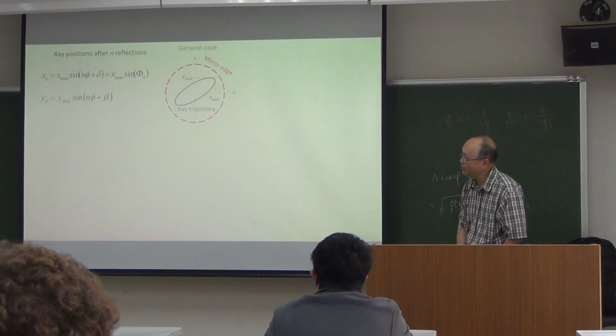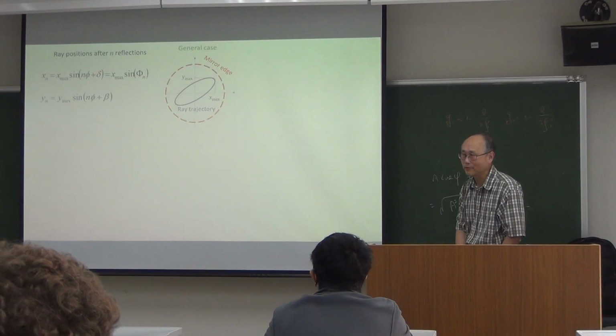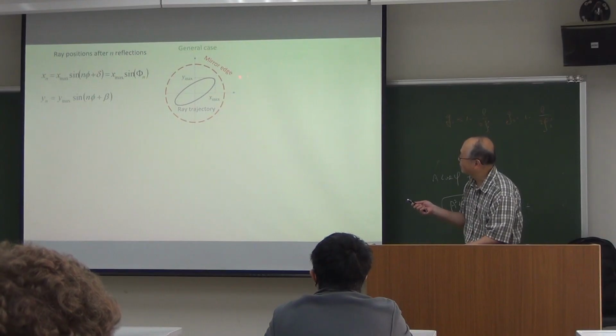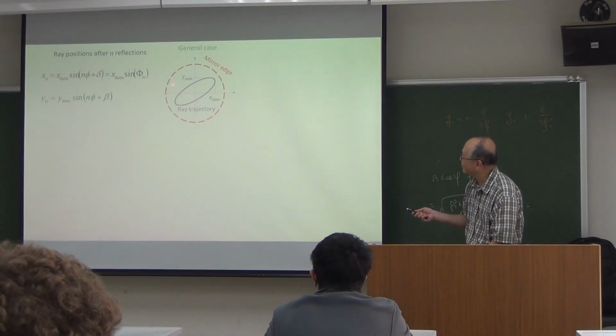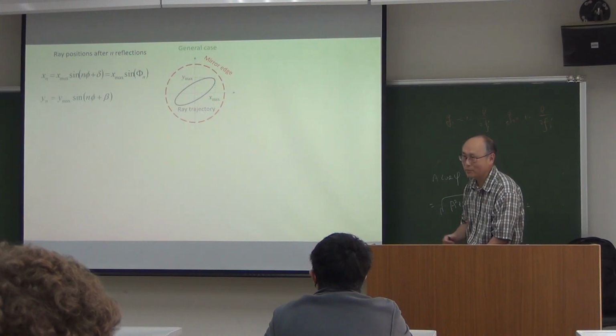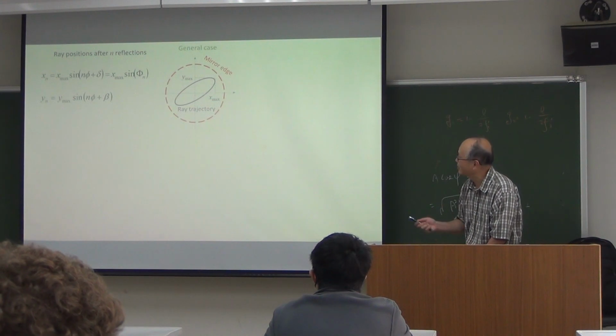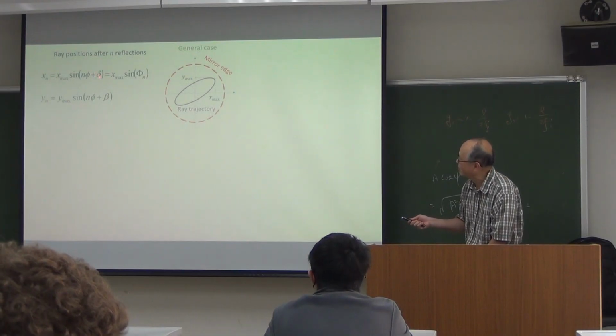People tend to make some special condition to make it more acceptable for applications. If you want to generate a circle on this mirror, it's possible, right? You just need to set the angle between these two to differ by 90 degrees.